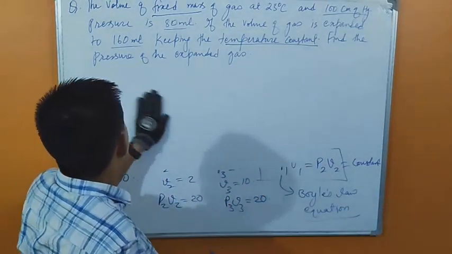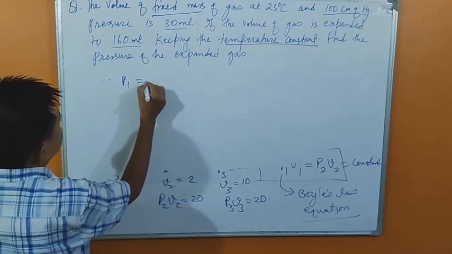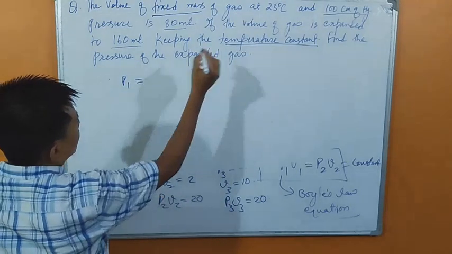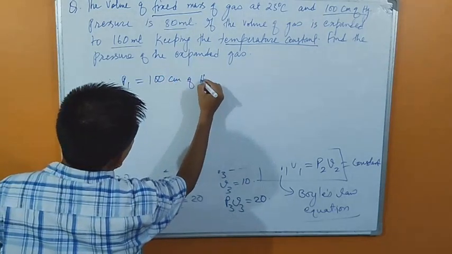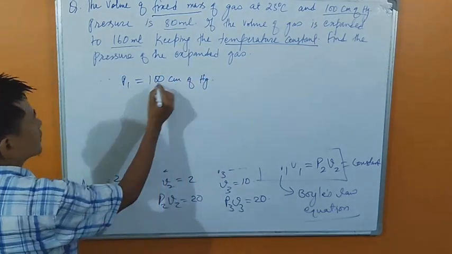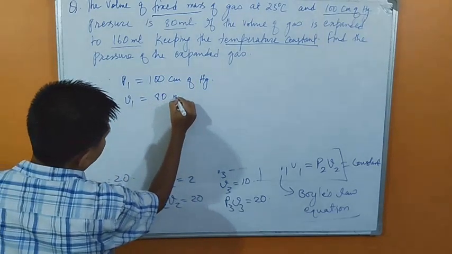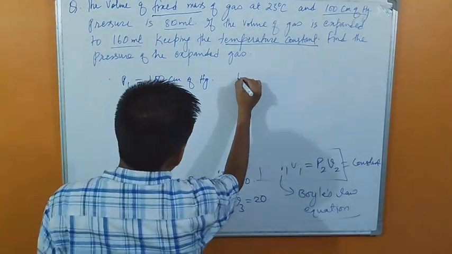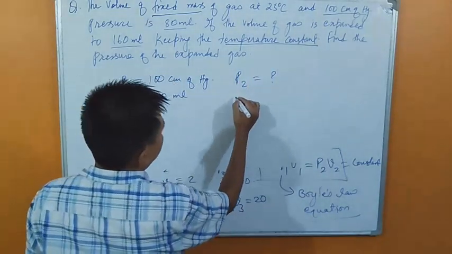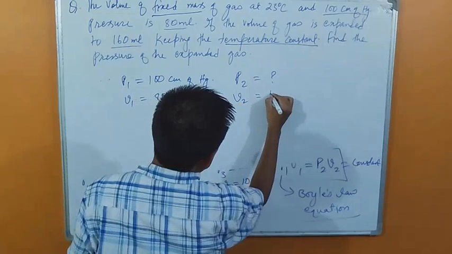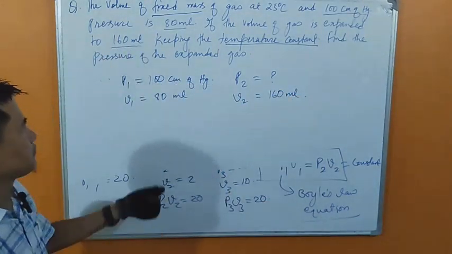Let us do this. Since P1 is 100 cm of Hg, V1 is 80 ml, P2 is not given to us, question mark, V2 is 160 ml.